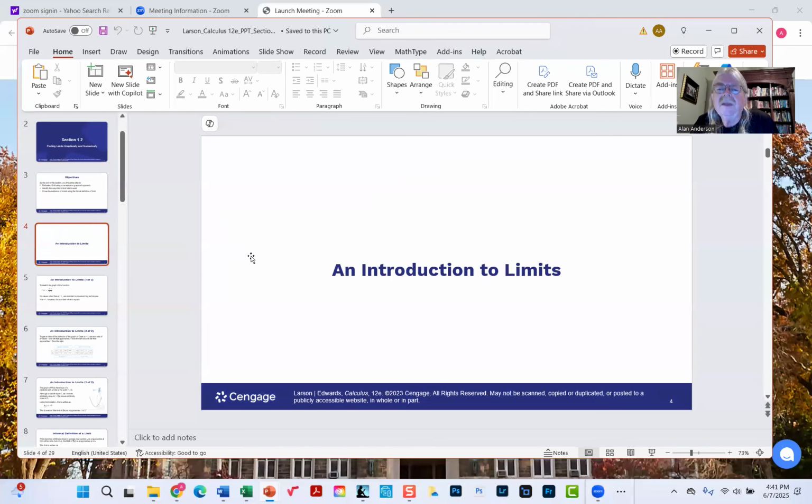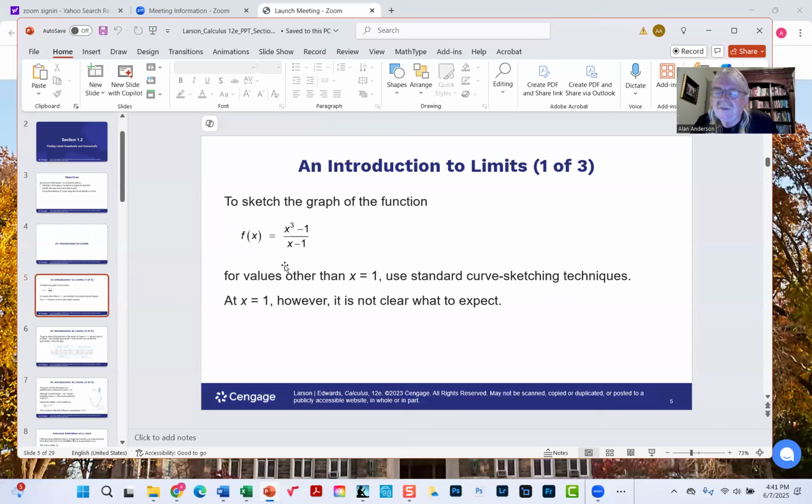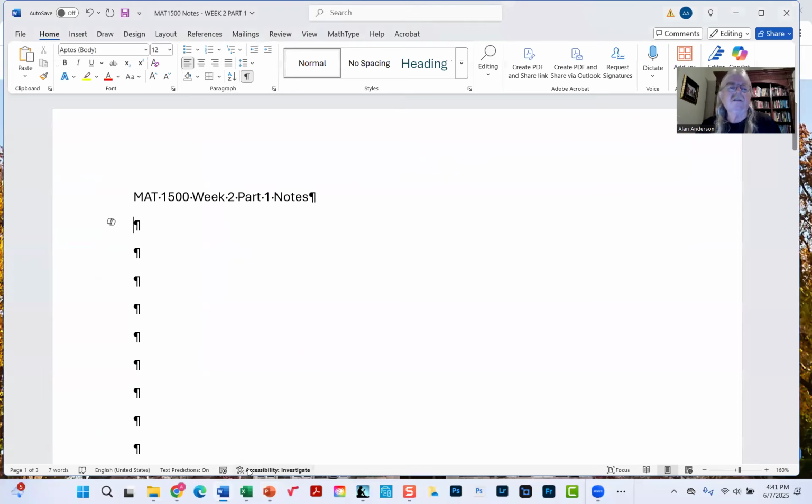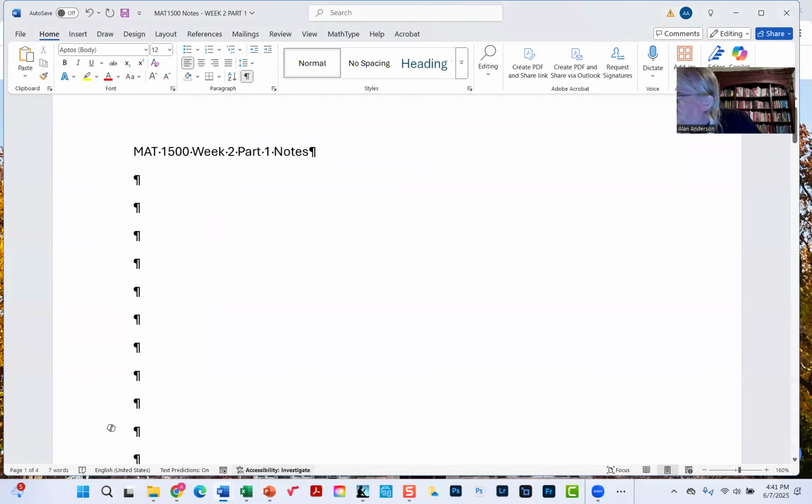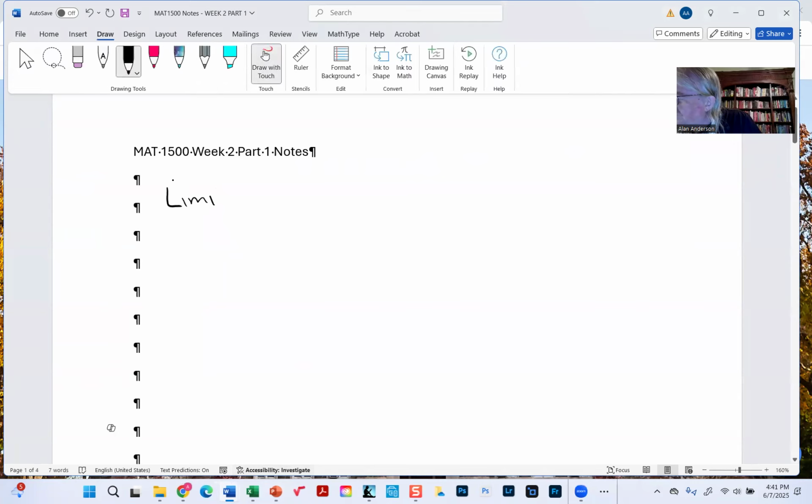All right, so what do we mean by that? First things first, what exactly is a limit? If you visualize a function of some kind, it doesn't matter what function it is. Let's say here is something simple like y equals x squared.